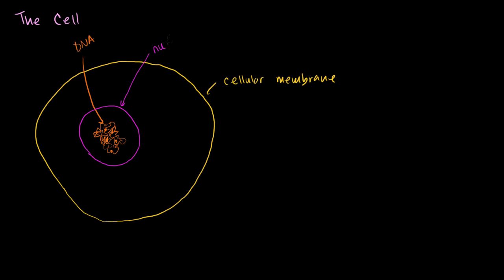And I said that's a major division because when some people looked at some cells and they saw a nucleus, and other cells and they didn't see a nucleus, they said, hey, this is a good way to classify organisms. So they called things that had nucleuses eukaryotes. These have a nucleus. So as I've drawn this cell right here, it is a eukaryote.